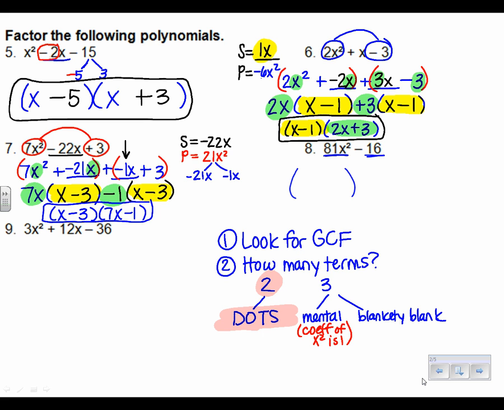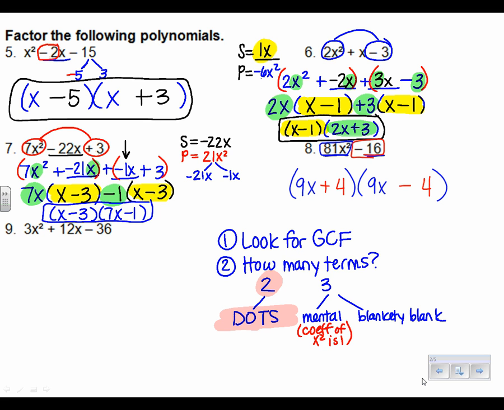So my 2 factors, this really is a mental kind of problem, because all you have to do to get this first term, 81x squared, is multiply 9x times 9x. And all you have to do to get this last term, negative 16, is multiply 4 times 4, 1 positive and 1 negative.